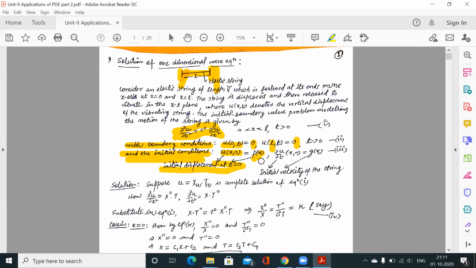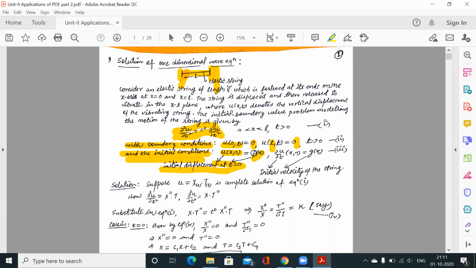It may be 0, means initially suppose the string is at rest, so initial vibrations are 0. It will be given in the question. It is generalized, means we are studying the generalized version. So initially the string may have this kind of vibration.